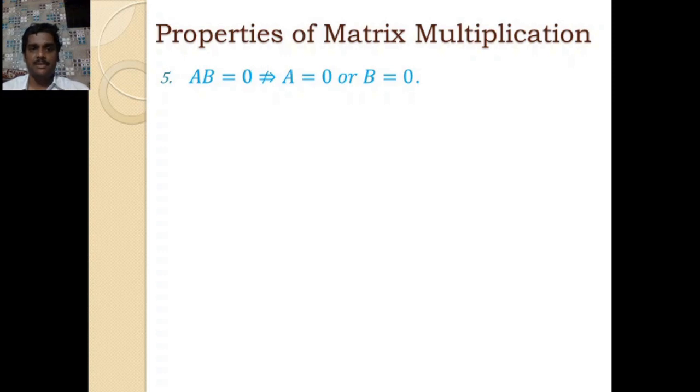This is a very important property. Everybody needs to understand this property very well. Your property number 5 is what? If AB equals 0, then we can't imply from that A equals 0 or B equals 0.